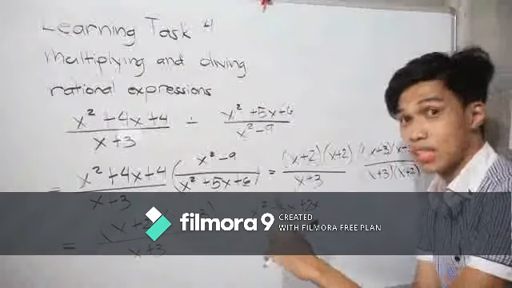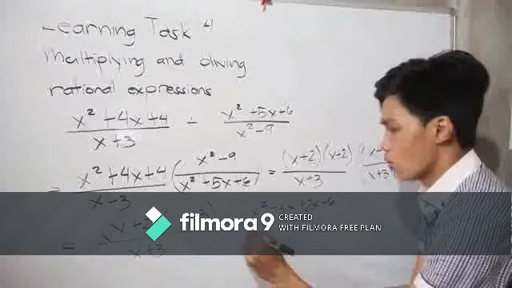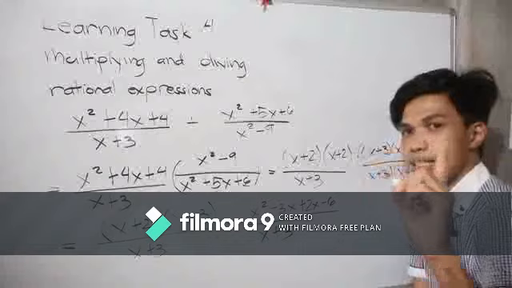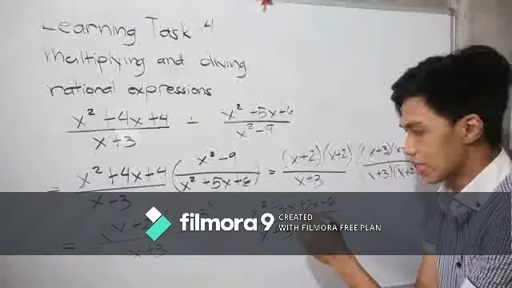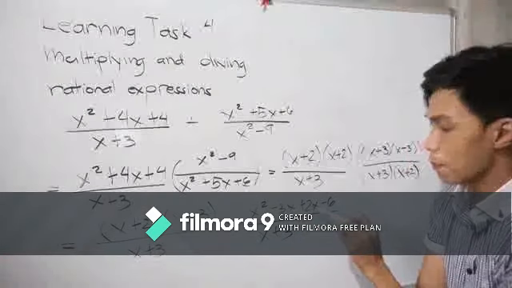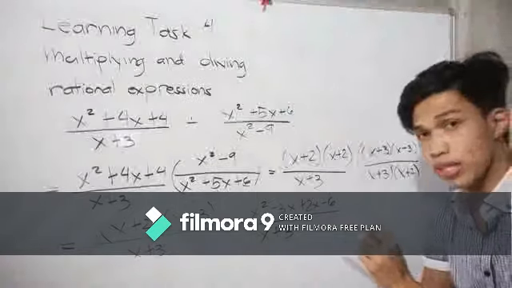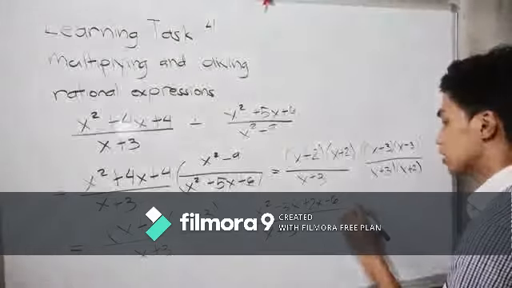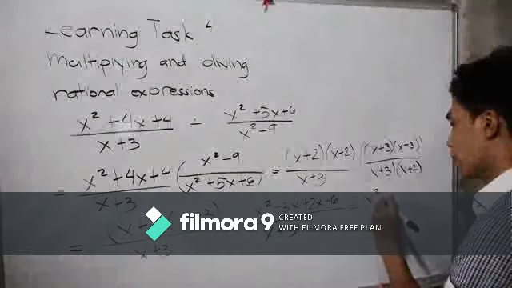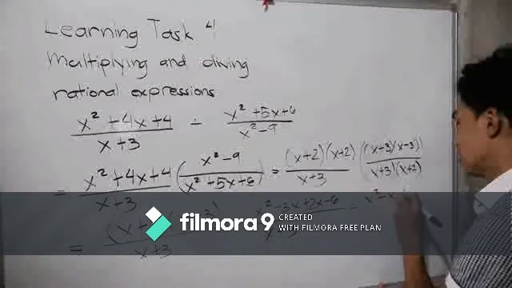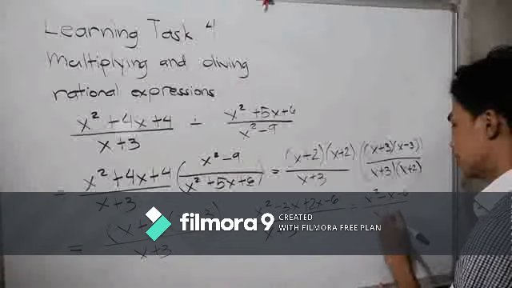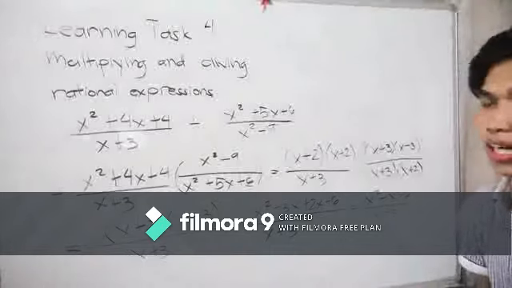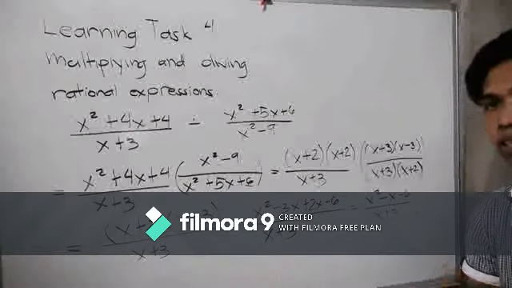Last, 2 times negative 3, that will be negative 6 over x plus 3. I-add na natin yung dalawa. Negative 3x plus 2x, that will be negative x. So this must be x squared minus x minus 6 over x plus 3. And that would be the final answer for our example.